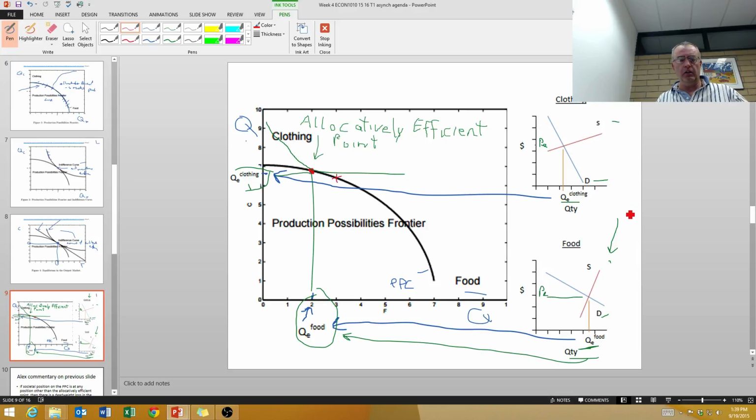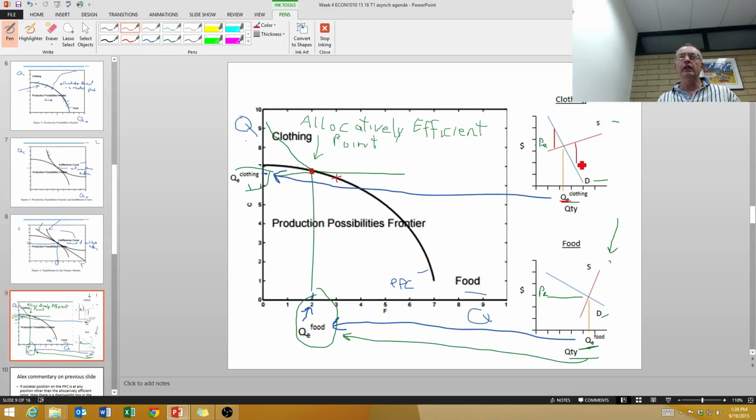And as we're familiar with from reading chapter 5, if we have overproduction or underproduction with respect to this point of equilibrium quantity, we have the so-called deadweight loss.